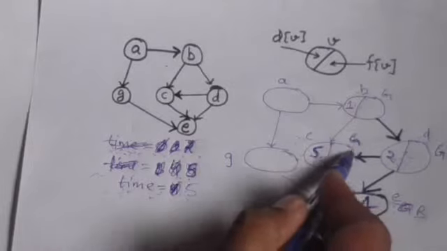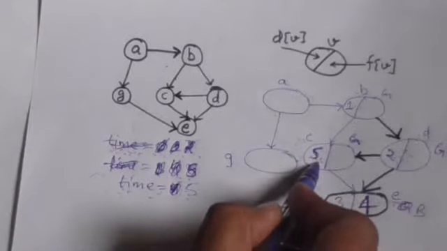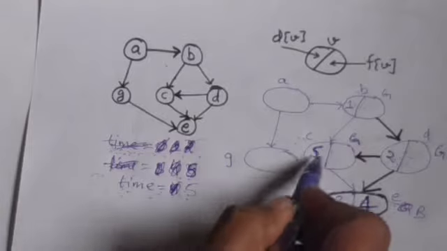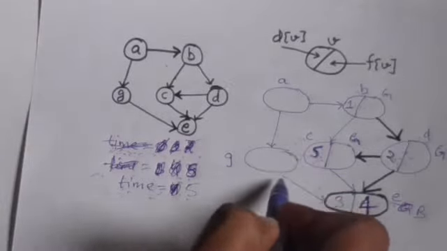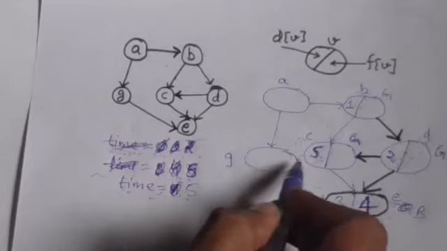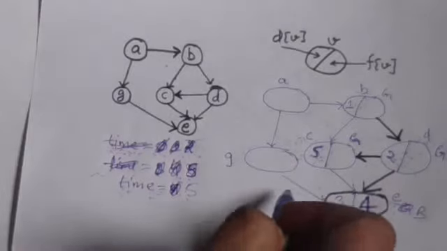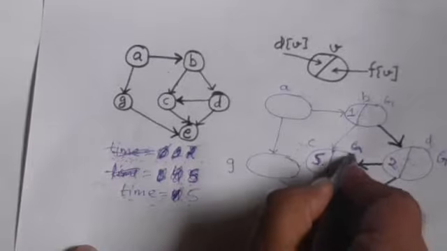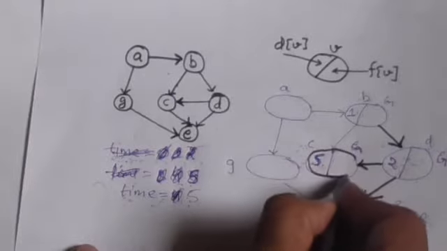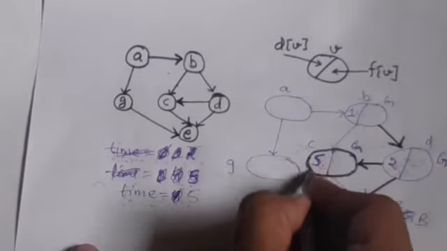Now we will check whether this vertex C has any adjacent white vertex or not. This vertex C does not have any adjacent white vertex on which we can call depth first search visit function. So what will we do? We will change the color of this vertex C from gray to black, right?